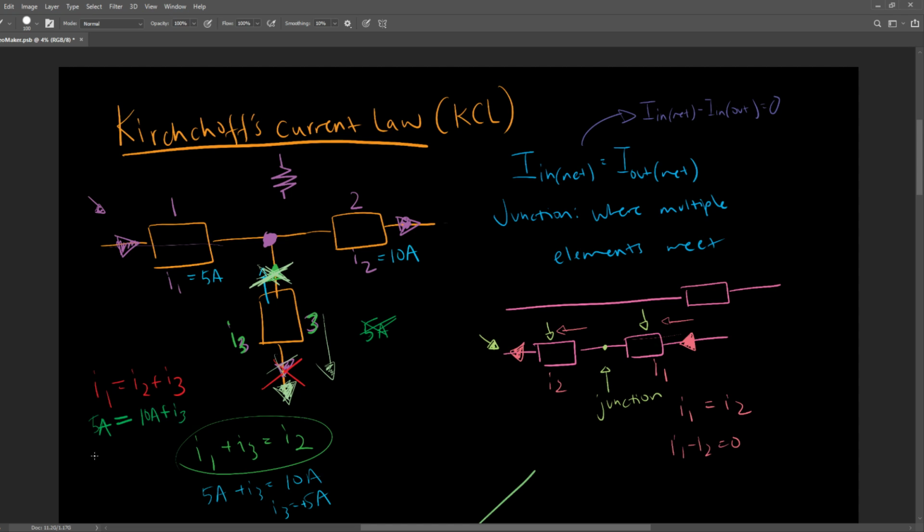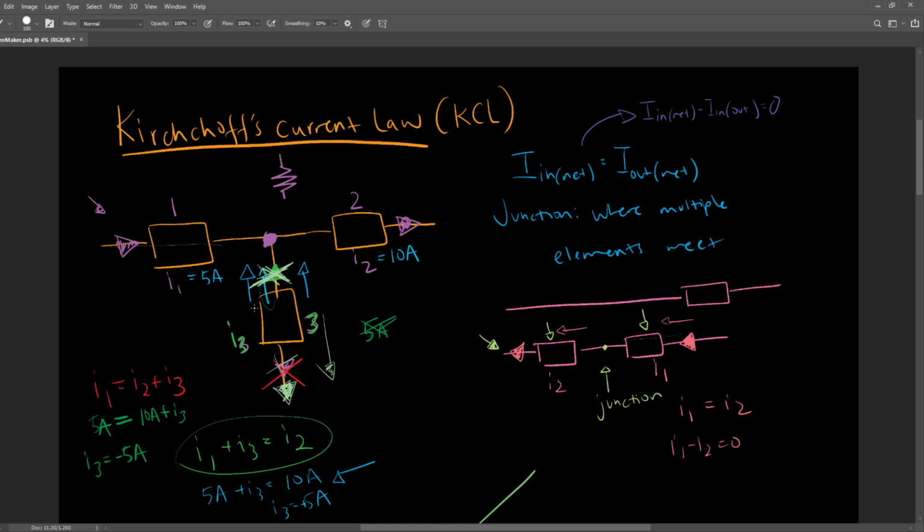And so what we get is I3 is equal to negative 5 amps. And all this means is the true current is still flowing in this direction, which is the same as this blue arrow that we got from this equation right here.